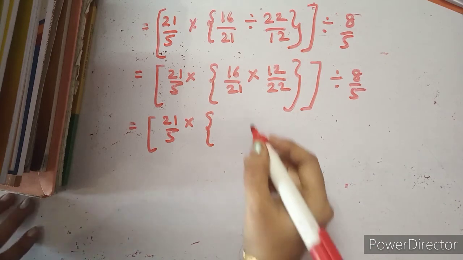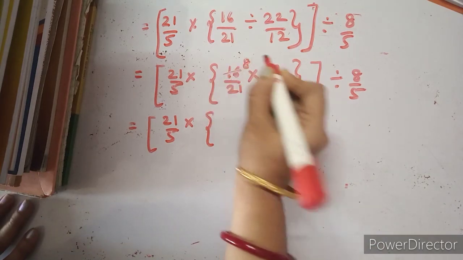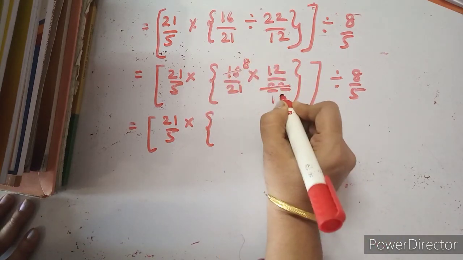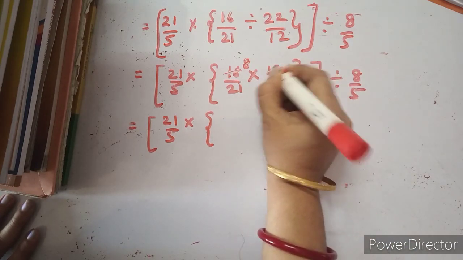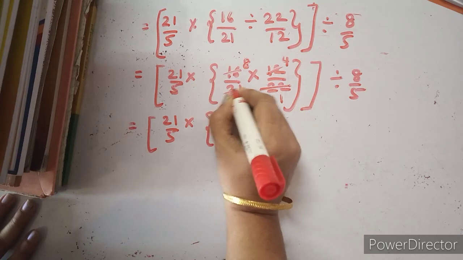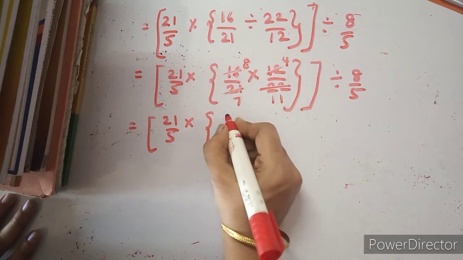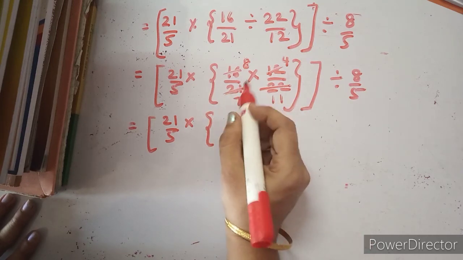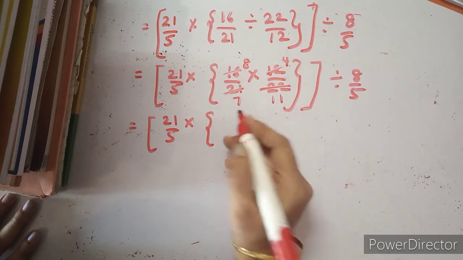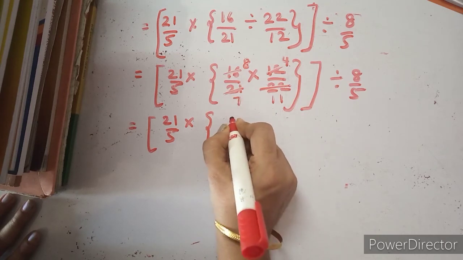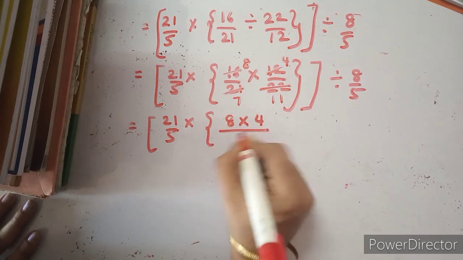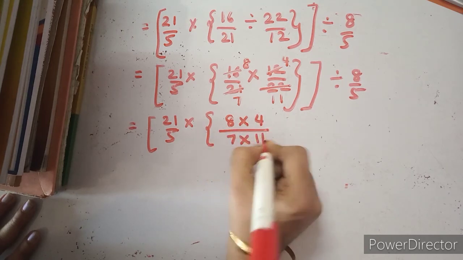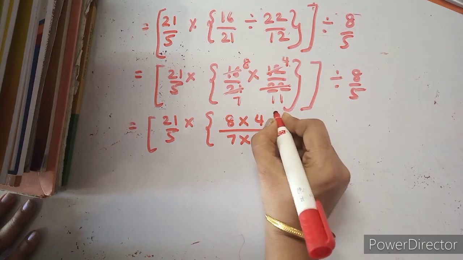Now here you have 2 8s are 16, 2 1s are 2, 2 1s are 2. Okay, now here you have 3 4s are 12, 3 7s are 21. So here you have 8 multiplied by 4 as your numerator, and denominator has 7 multiplied by 11.